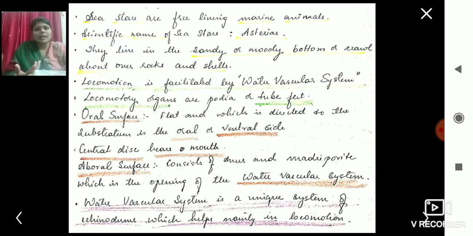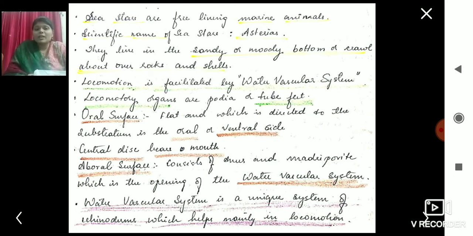Something merely related to echinoderms cannot be written here. Whatever related things we have discussed, about the digestive system, arboreal surface, oral surface, morphology, whatever is in your syllabus, you cannot just add to the answer. The point that you choose should have some significance related to that particular answer.